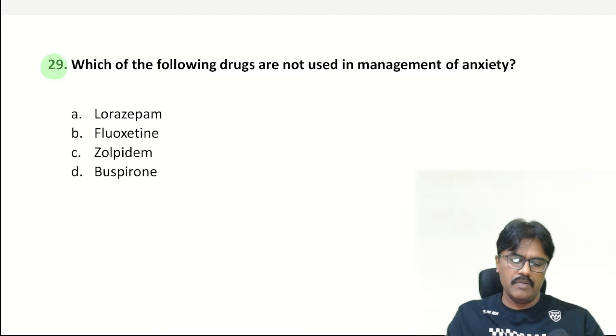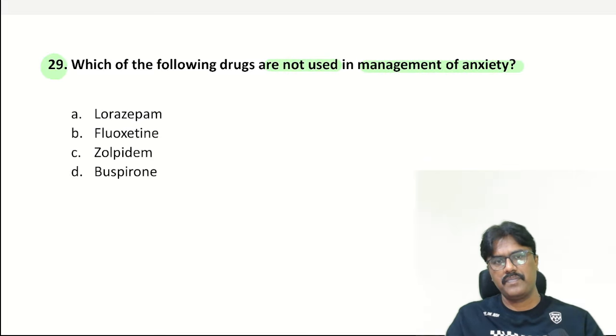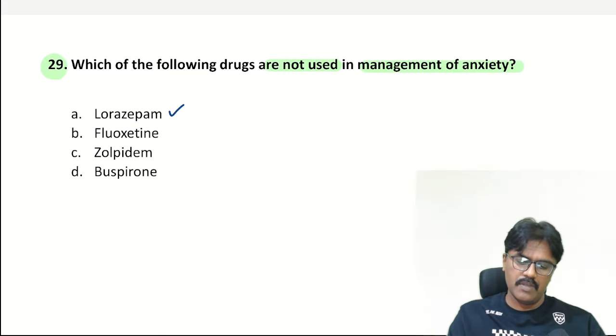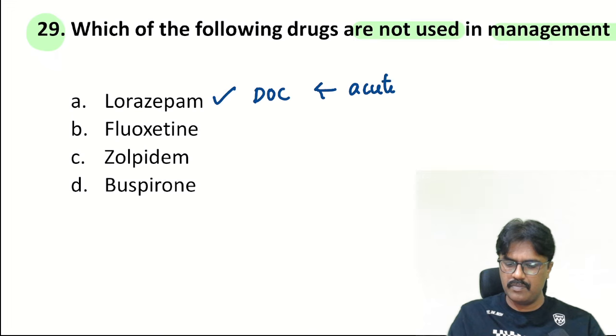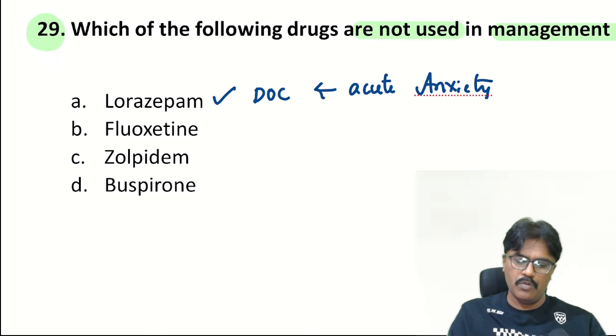Question number 29. Which of the following drugs are not used in management of anxiety? Lorazepam or any benzodiazepine is the drug of choice for acute anxiety. Fluoxetine is an SSRI.